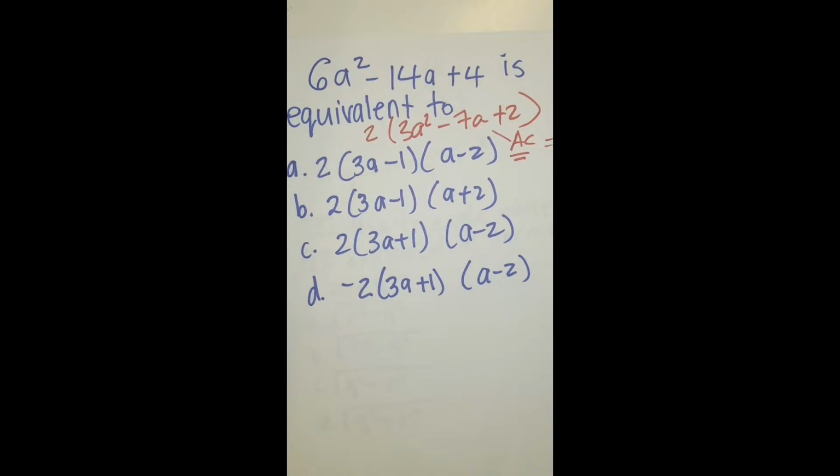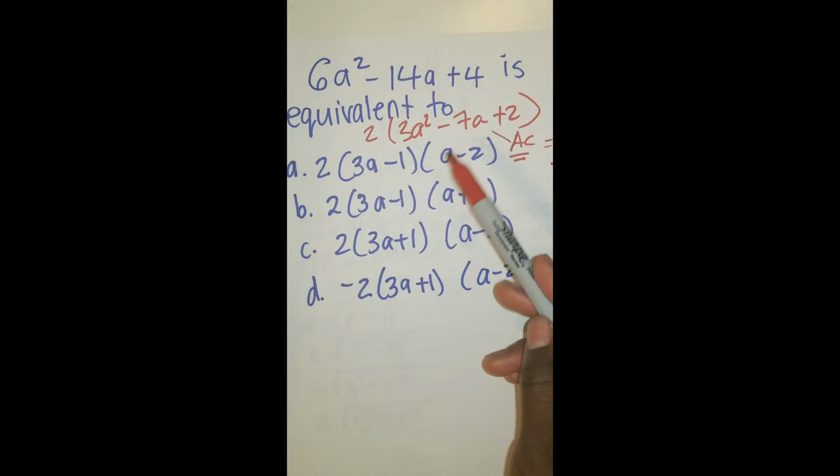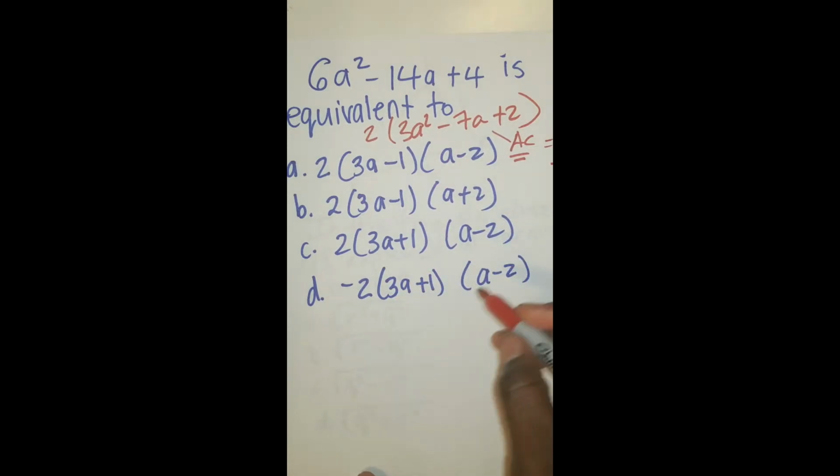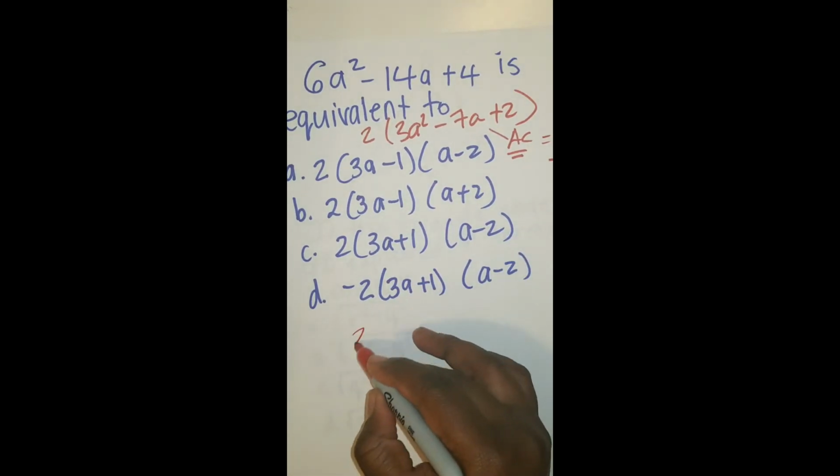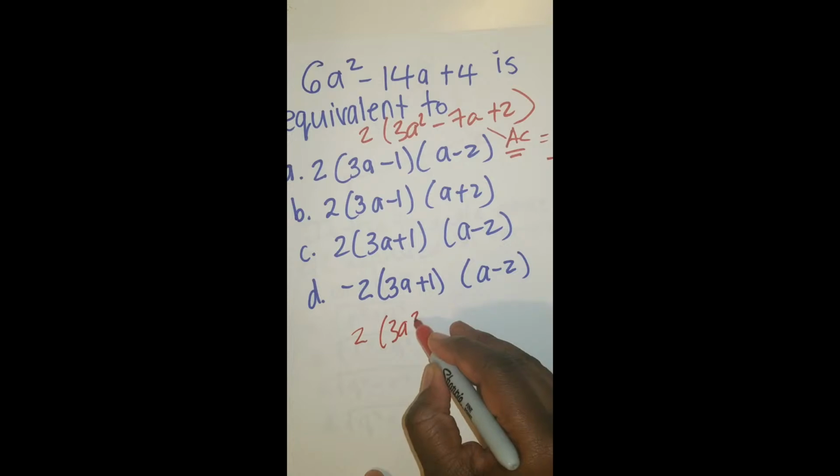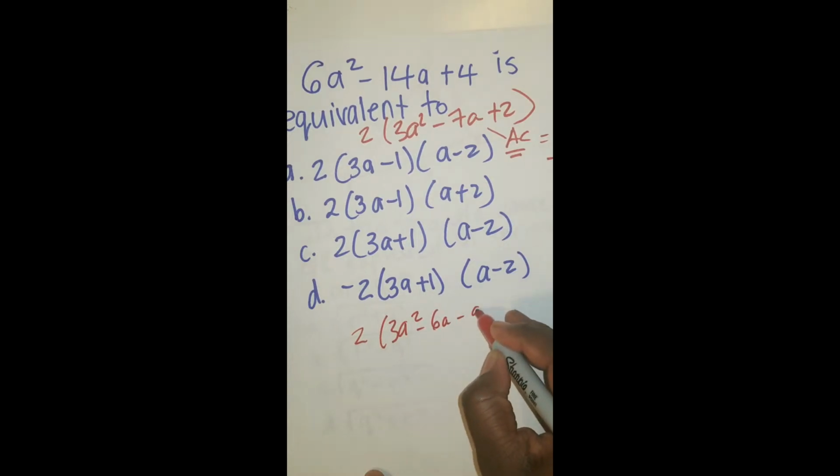But this is a negative 7, so we need 2 factors of 6 that when you add them, you get negative 7, and when you multiply them, you get a positive 6. And that will be a negative 6 and a negative 1. Use these 2 terms to replace the middle one, so you'll say 2 times 3a squared minus 6a minus a plus 2.